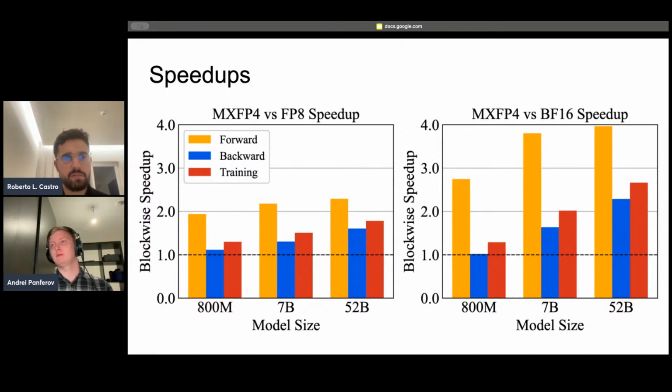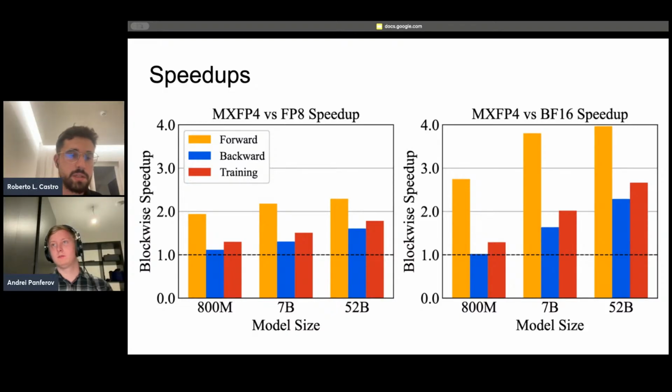And here I have some speed up numbers for our kernels. On the left, this speed up is of MXFP4 with respect to FP8. On the right, with respect to BF16, for layers extracted from 3 different models, whose sizes are 800 million, 7B and 52B, right?